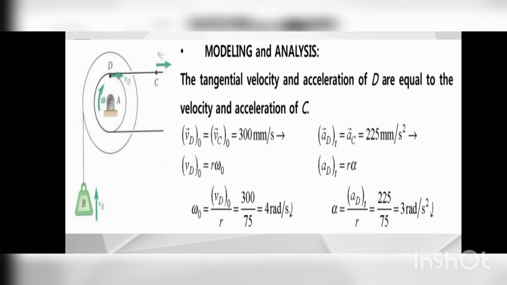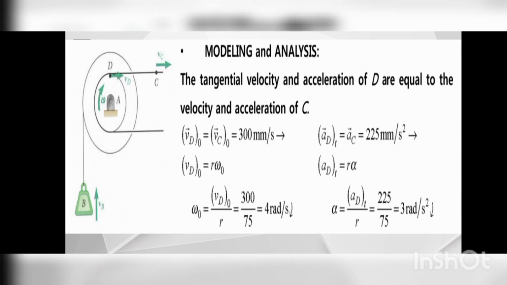So we're going to use this equation to get our angular velocity. Our angular velocity is equal to the velocity of D all over R. Our R is 75 mm. So 300 mm per second divided by 75 mm is equal to 4 rad per second.